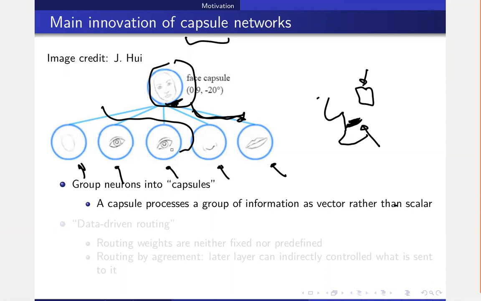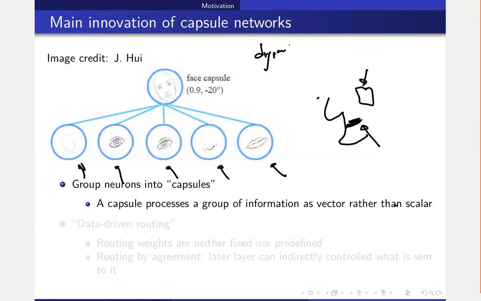Therefore, this is another thing that capsule networks try to address. We should have something they call a dynamic routing of information.